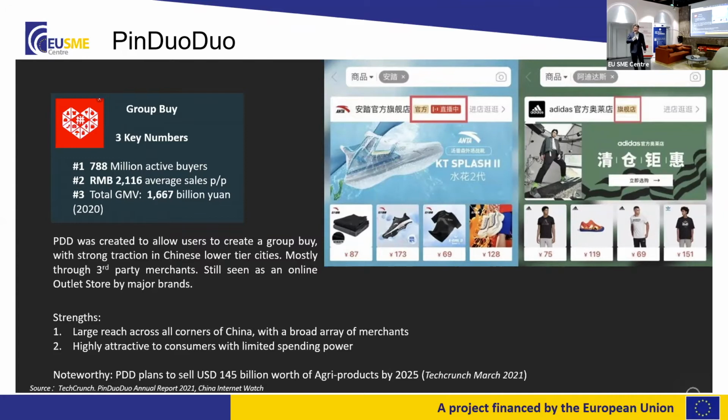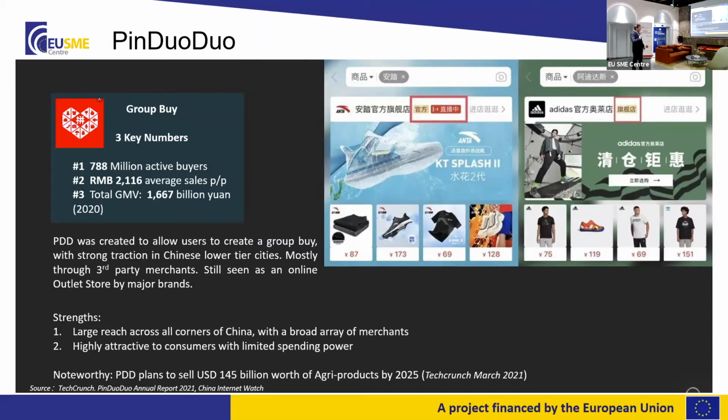Great. And then in 2 hours, it goes through, and you get the products sent to you. It's highly attractive, because a lot of people in tier 3, tier 4 cities may not have the same retail experiences in their cities that we have in places like Beijing and Shanghai.